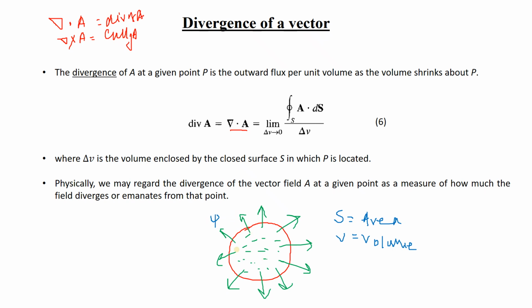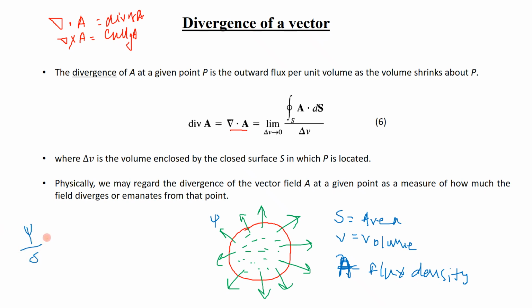These are the electric fluxes coming out of the sphere. Suppose the total outward flux is psi, which we don't know, and A is the flux density.